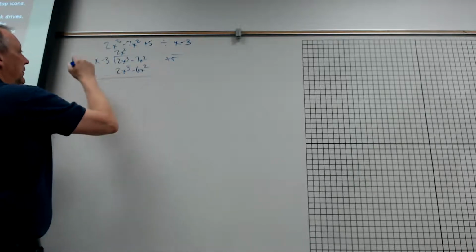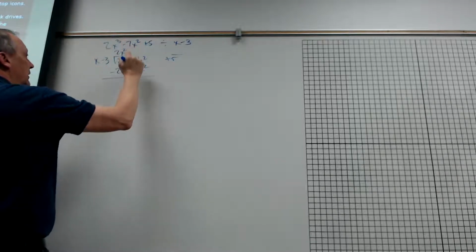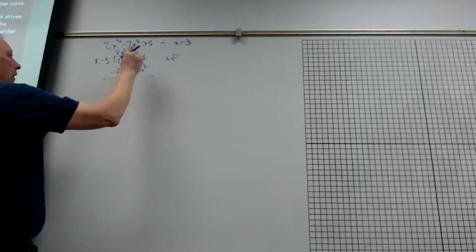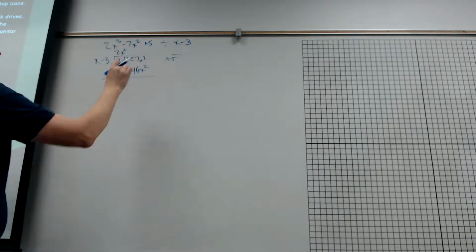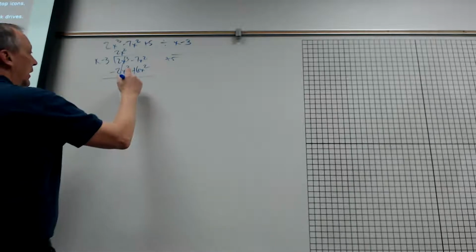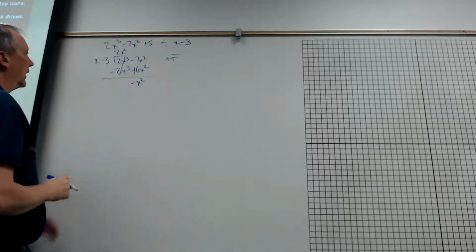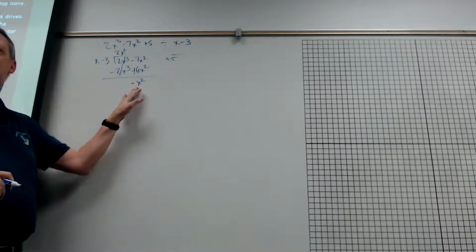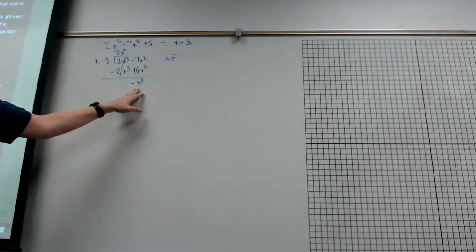Now we're going to subtract, so I'm going to change my signs. That's going to go away. Negative 7x squared plus 6x squared is negative 1x squared. Okay. Does x go into negative x squared? How many times?